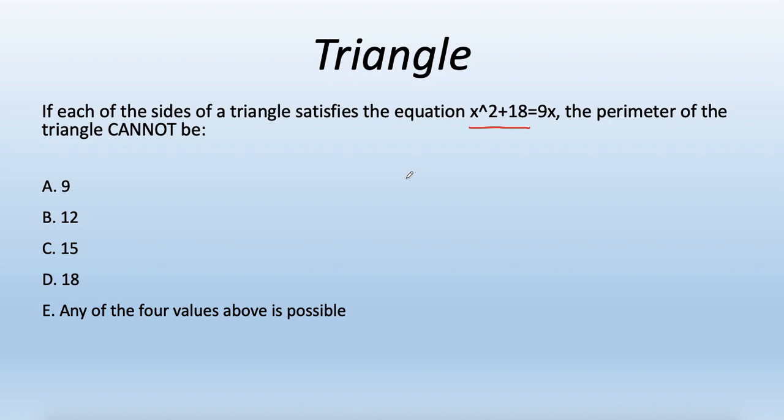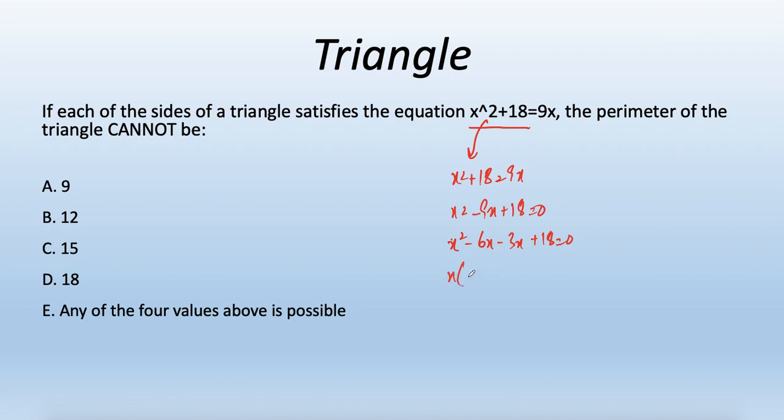So each side must satisfy this equation. Let's get a value out of this. x squared plus 18 is equal to 9x, so x squared minus 9x plus 18 is equal to 0. If we do the factorization of this, we find minus 6x minus 3x plus 18 is equal to 0, since if we multiply 6 and 3, the answer is 18, and if we sum these, the answer is minus 9.